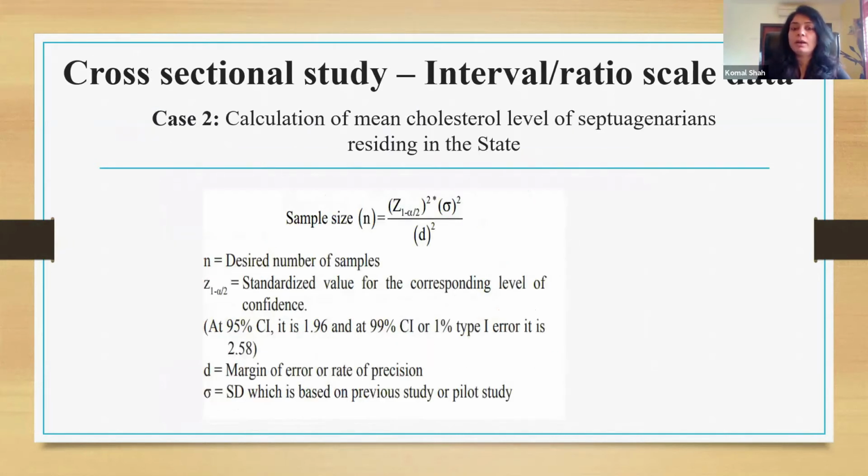Now, when my cross-sectional study has interval or ratio as the outcome of interest, so my data is expressed in terms of interval or ratio, in that kind of case, I'll be using this equation for sample size calculation. Over here, the case states I want to calculate the mean cholesterol level of septuagenarians residing in one particular state.